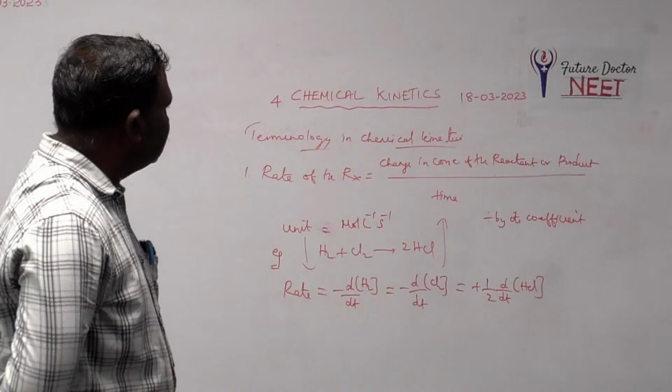Then only I put plus. If there is any coefficient, then divide by its coefficient. That is also an important term. Divided by its coefficient. This is the way to write rate of reaction. Understood? Any doubt, ask me.